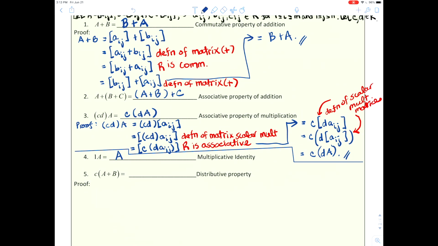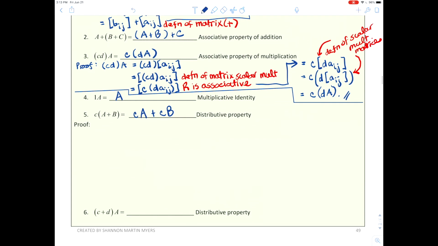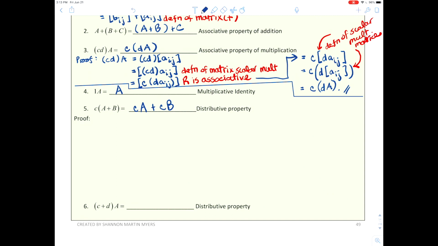And a scalar times quantity A plus B is equal to, awesome, c times A plus c times B. So let's do the proof of this one too. So now we start with our left side, very good. So c times quantity A plus B equals c times quantity, and we'll put it as a representative element, Aij plus, and then another representative element, Bij.